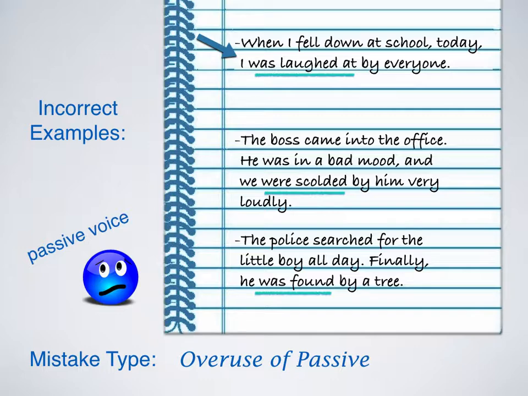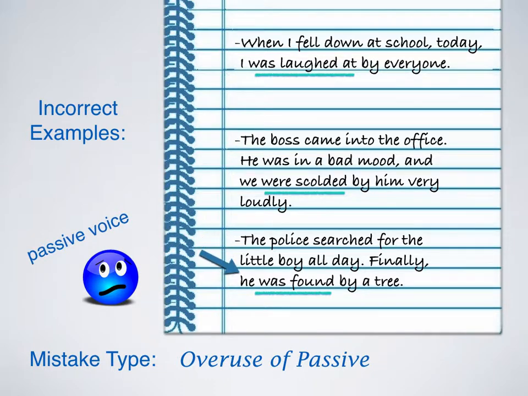Here, again, the grammar is okay, but it has 6 words in this sentence, and we can make it shorter and easier to read. This one is about the boss, so why change to we? And it's a pretty long sentence.